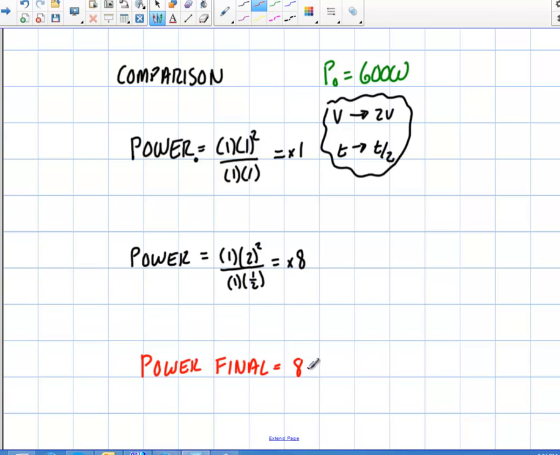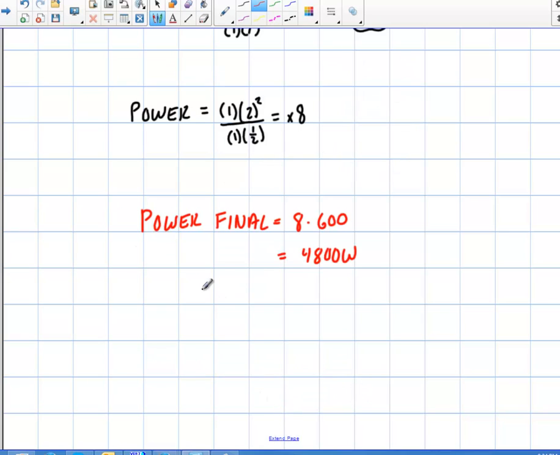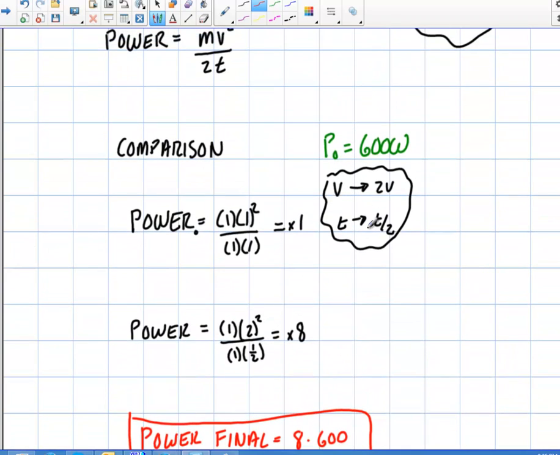So it's just going to be 8 times 600 watts. I'm just going to end up with 4,800 watts to move that rocket over the same exact displacement when we're dealing with twice the speed over half the time.